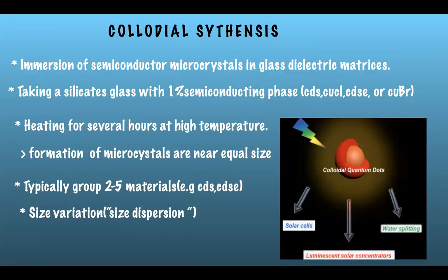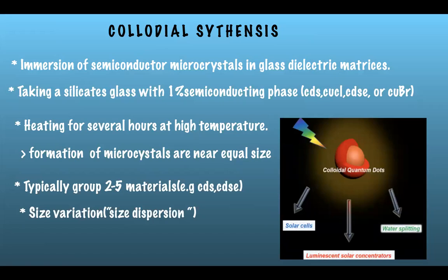And colloidal synthesis: immersion of semiconductor microcrystals in glass dielectric matrices, taking a silicate glass with 1% semiconducting phase. Heating for several hours at high temperature, the microcrystals form with near equal sizes.